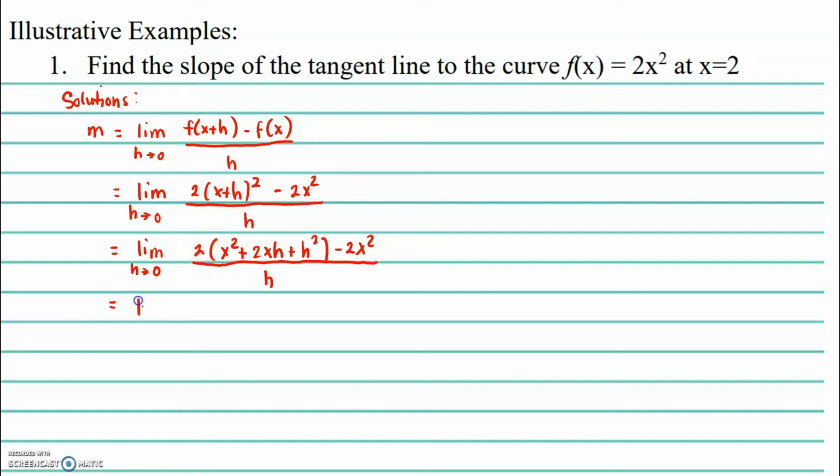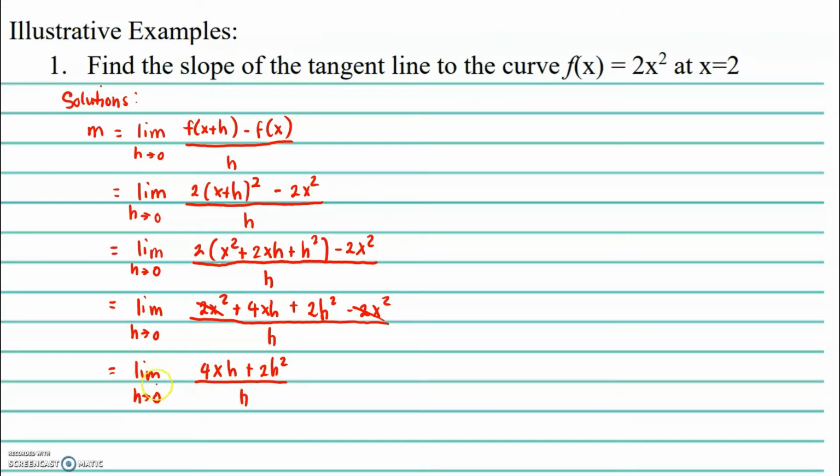Distribute, so you have the limit of 2x squared plus 4xh plus 2h squared minus 2x squared all over h as h approaches 0. Now we can combine like terms, so we can cancel out 2x squared and negative 2x squared. So we are left with a limit of 4xh plus 2h squared all over h as h approaches 0.